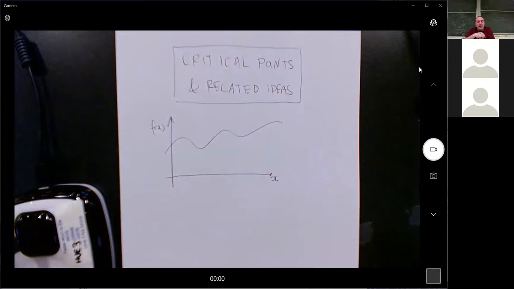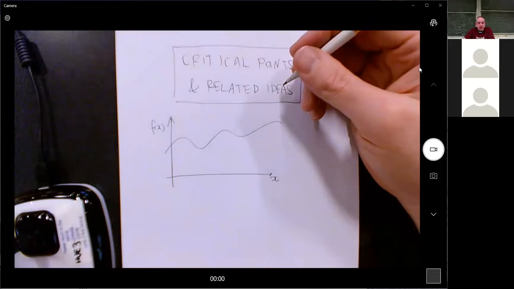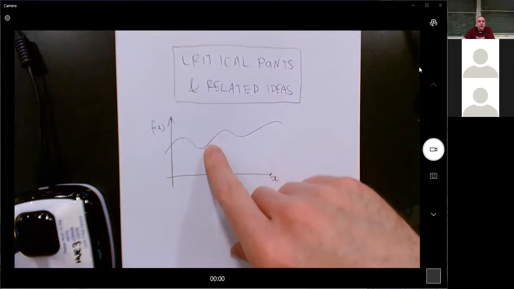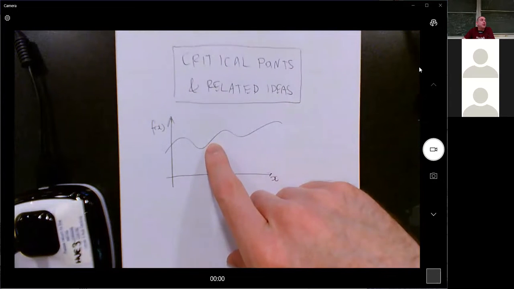And at any point, the derivative is a function which tells you how strongly sloped this curve is at that point.